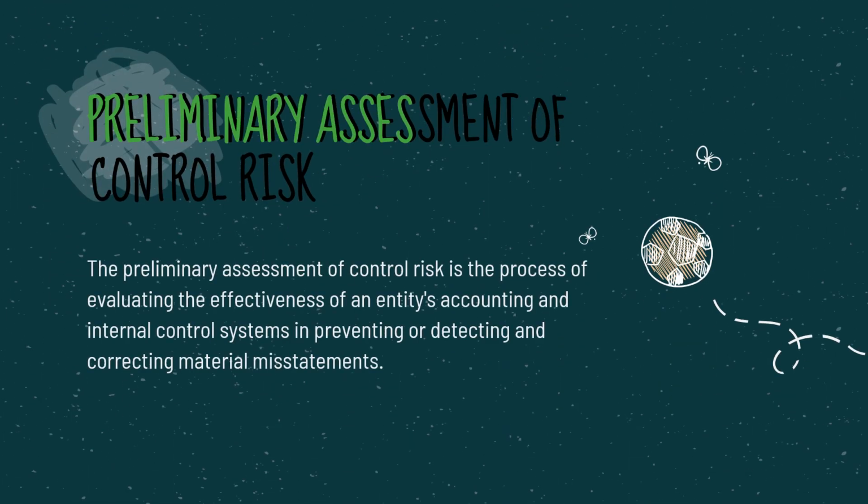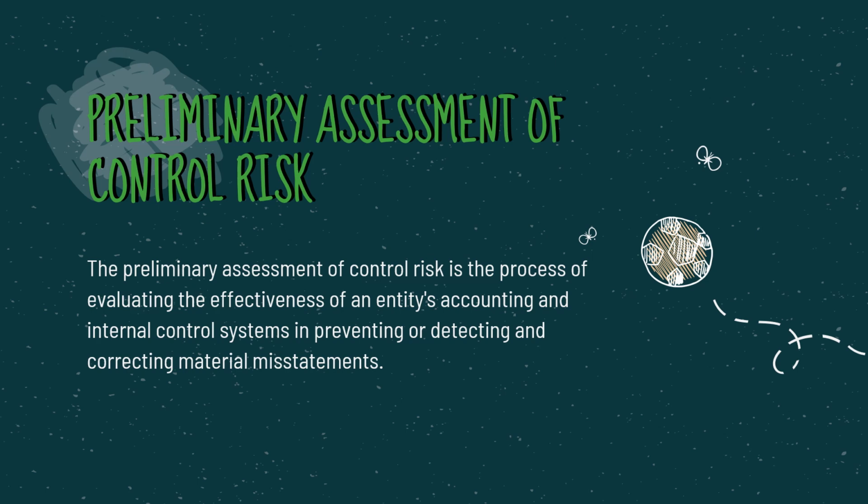So guys, we continue our lesson with the preliminary assessment of control risk. After obtaining an understanding of the accounting and internal control system, the auditor should make a preliminary assessment of control risk at the assertion level for each material account balance or class of transactions. But before that, we should know what the preliminary assessment of control risk is.